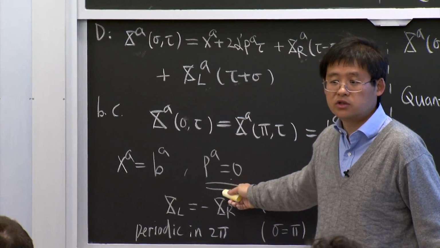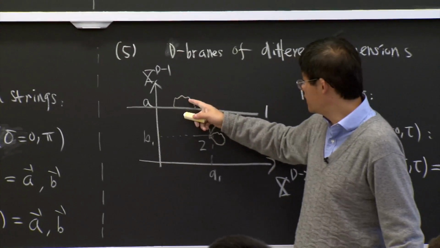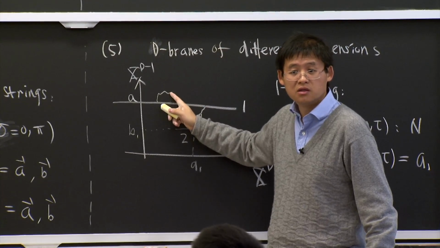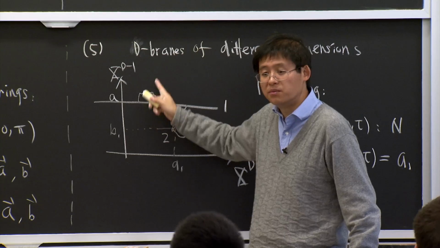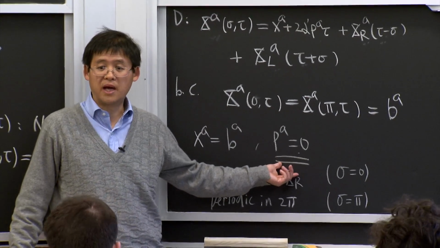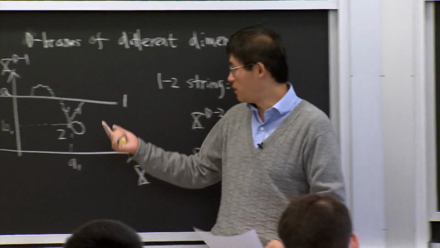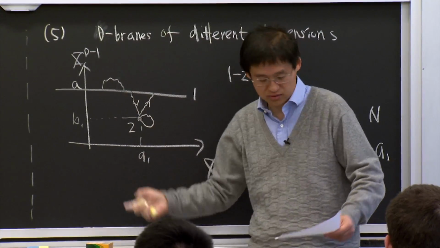This is of course expected, because if the string is limited to moving on this plane, then it cannot move in the perpendicular direction. So it cannot have center of mass momentum in the perpendicular direction. This is indeed what you intuitively expect. The center of mass momentum can only be in the Neumann directions.